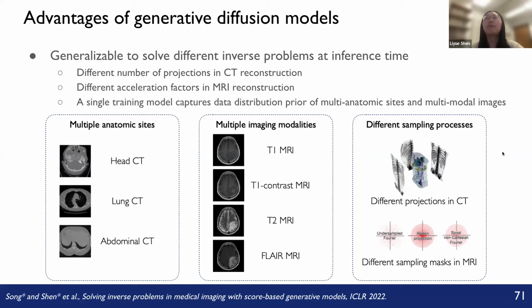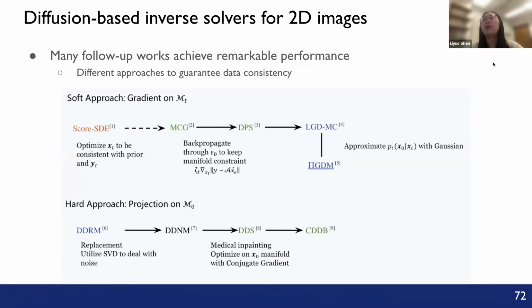But in the previous supervised learning approach, this is not the case. So this really comes with the advantage of using diffusion as a prior in solving different inverse problems. Following that, different algorithms have also been introduced to achieve pretty impressive performance on solving different kinds of inverse problems in both the natural image domain and the medical imaging domain.